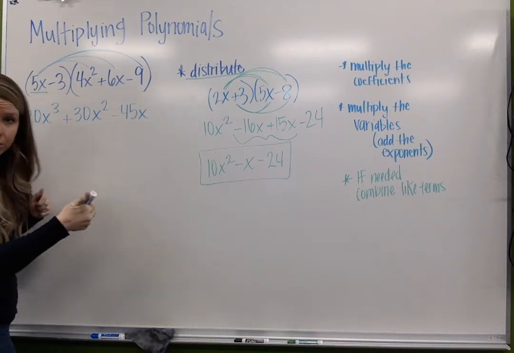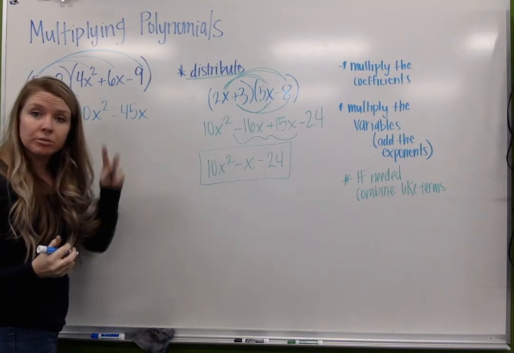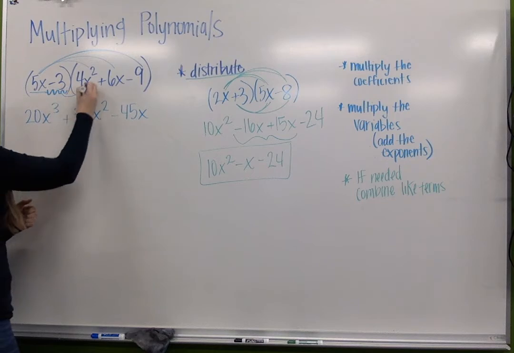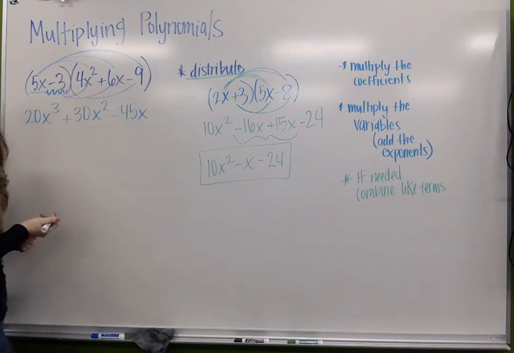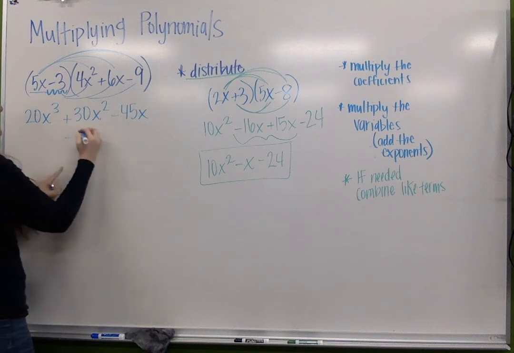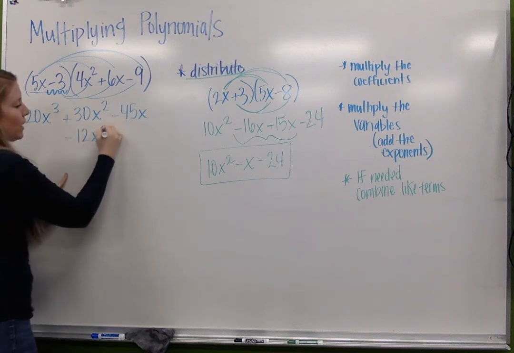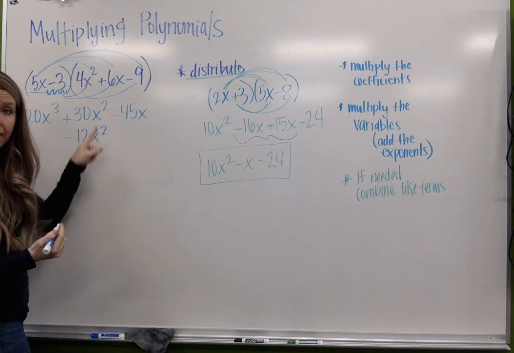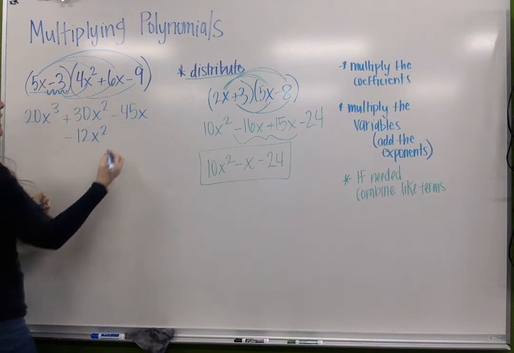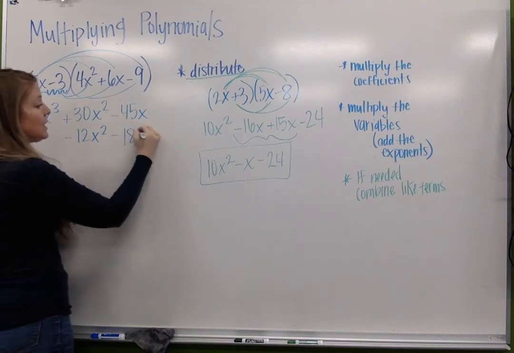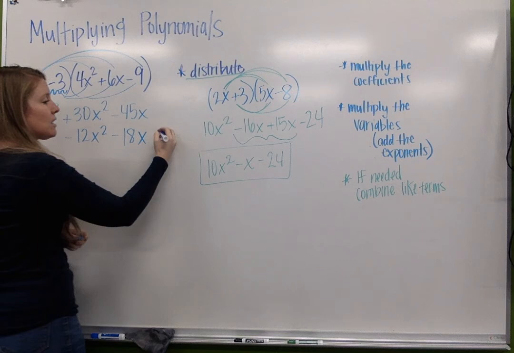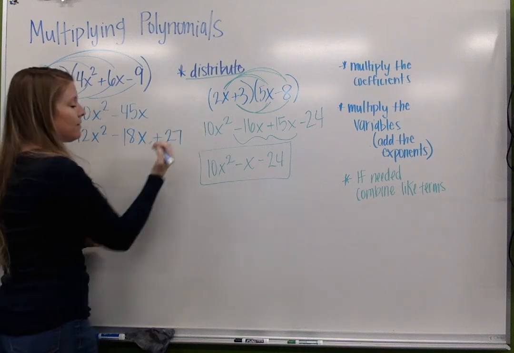First term distributed. Now we're going to distribute the second term. Now I'm taking negative 3, and I'm going to distribute to all three. Negative 3 times 4x squared, that's a negative 12x squared. I'm already grouping my like terms here. Negative 3 times 6x is negative 18x. And negative 3 times negative 9 is a positive 27.